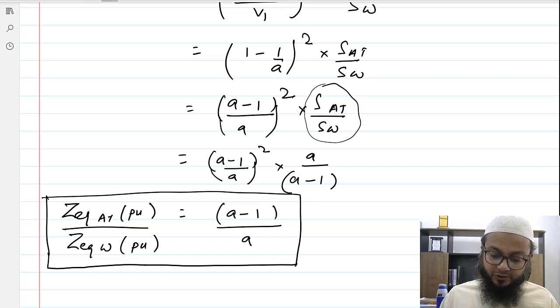Okay, so as I have discussed before, though the equivalent impedances for both the two winding transformer and the auto transformer are the same, the per unit impedance has reduced now. The effective impedance has reduced there.